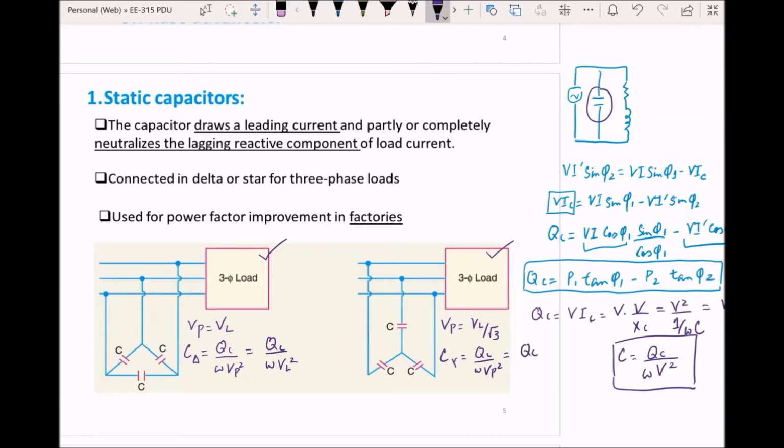and that will be equal to Qc divided by omega times line voltage divided by √3 squared, and this is going to be equal to 3Qc divided by omega VL square.